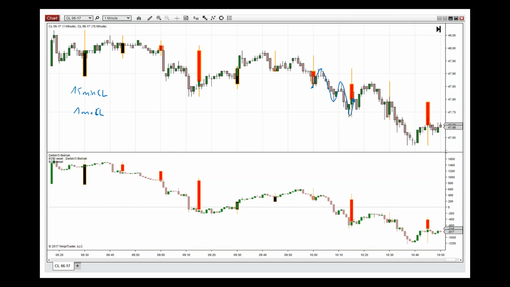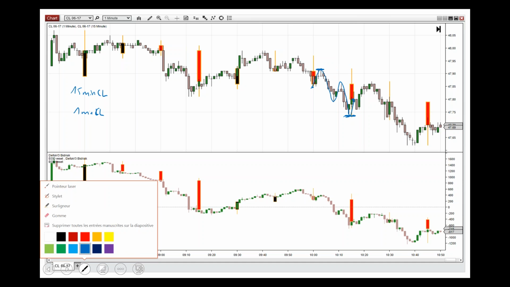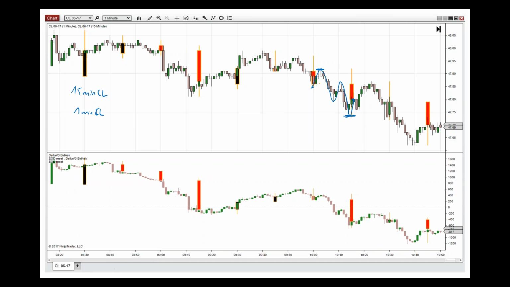Okay, so the top of this bar is here, and the bottom of this bar is here. Now let's see what it's doing with the delta. So the top is around here on the delta chart, and the bottom is probably somewhere here on the delta chart, and the close of the delta is here.